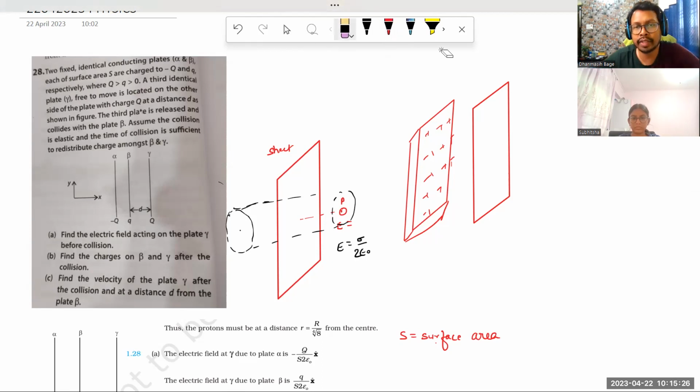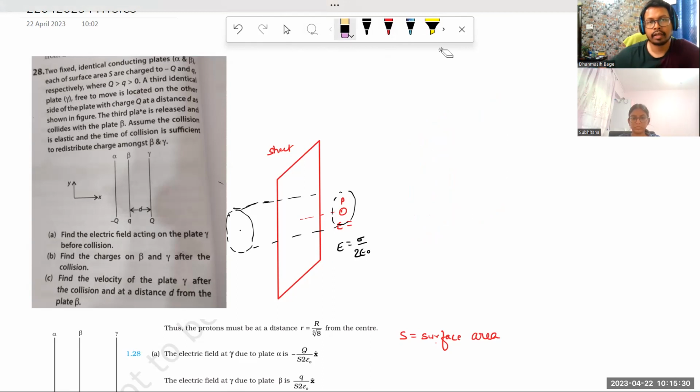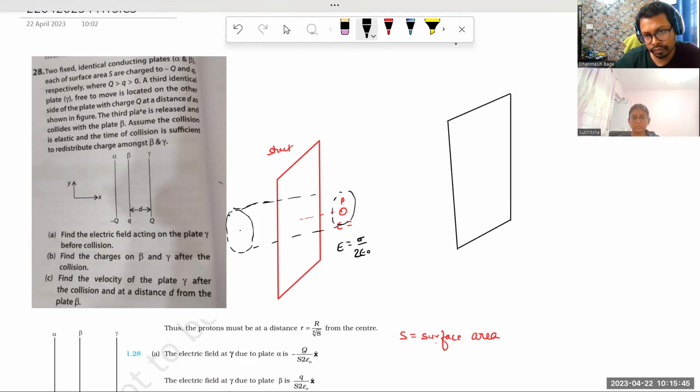Okay, I think they are using the fact... Like when you're talking about this plain plate, then there are two sides of it.